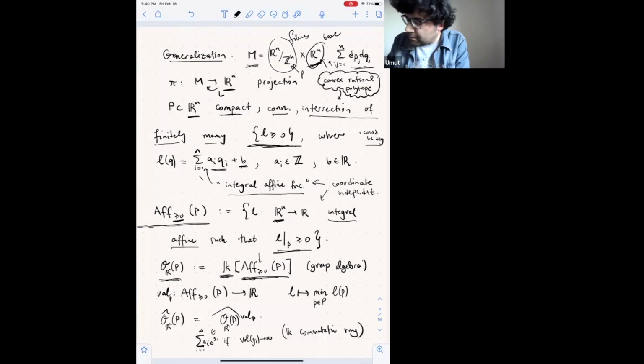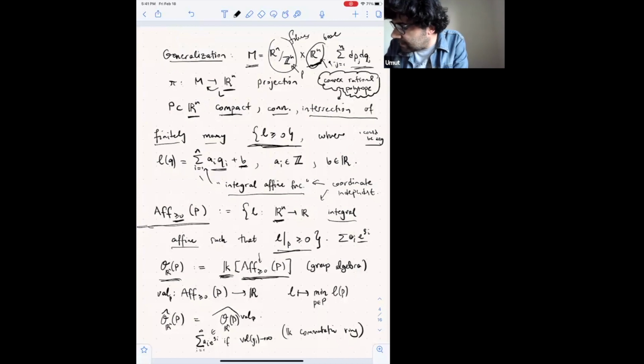So something in this group algebra is a finite sum, where you have formal linear combinations of these exponentials of g_i, which is just some kind of formal notation.